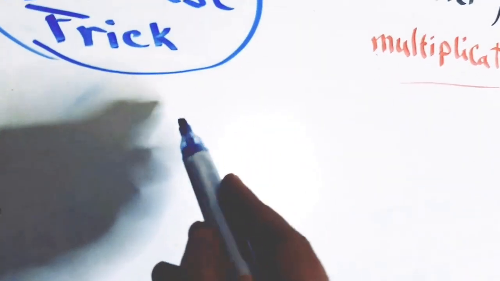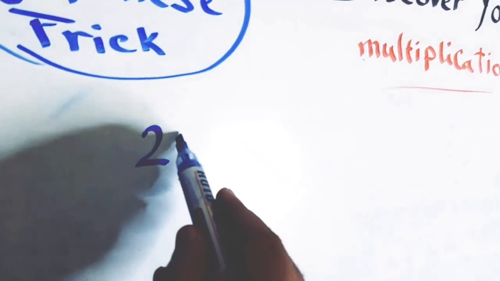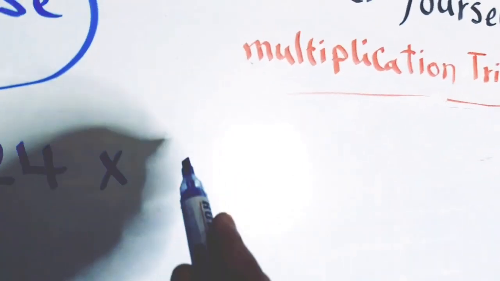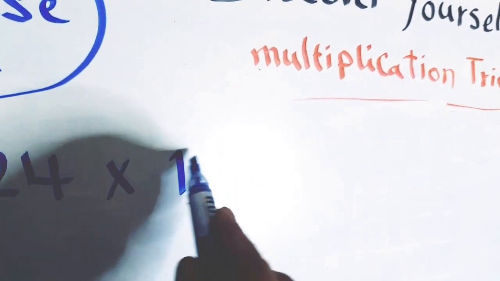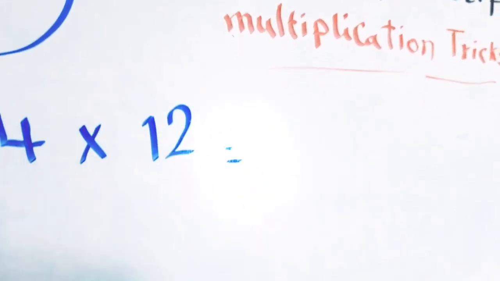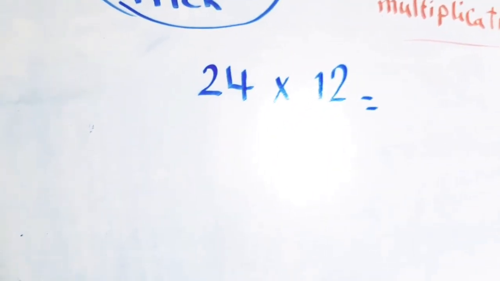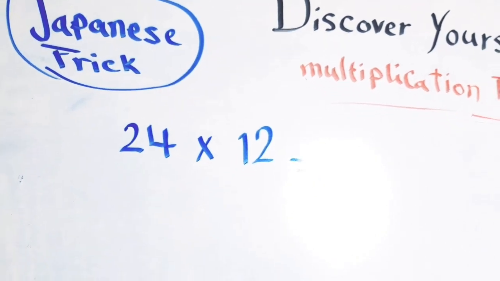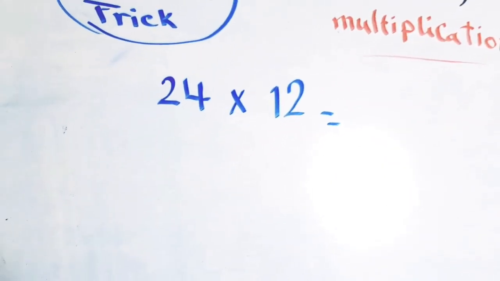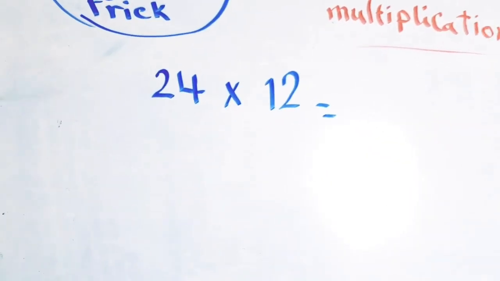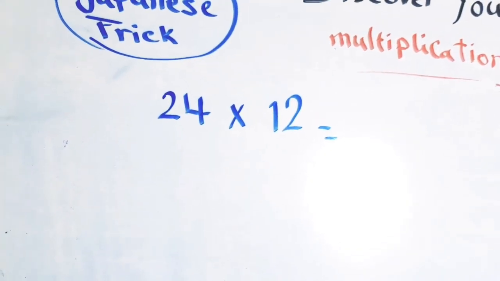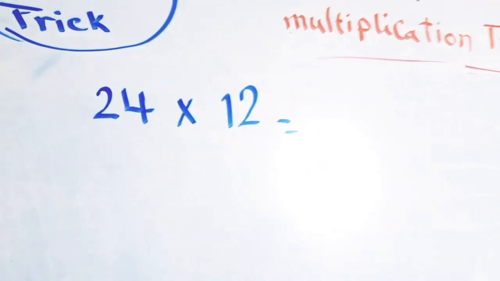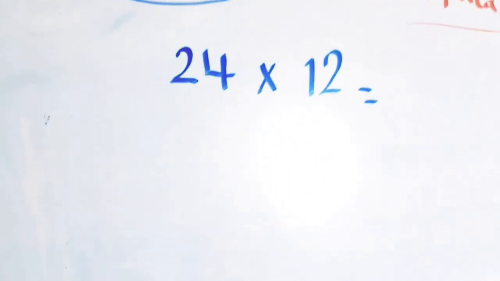For example, 24 times 12. What about the Japanese trick for this operation?